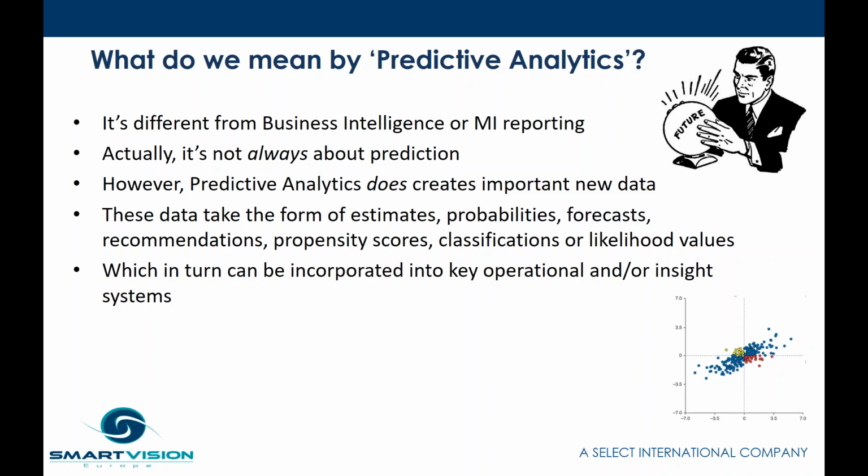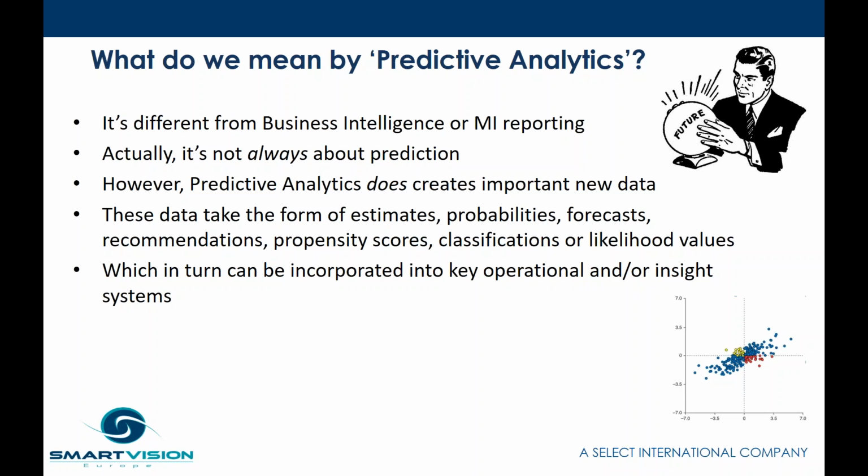But one of the things that makes predictive analytics different from BI or MI is that it does create important new data. So it's always creating something that didn't exist before, a new column of information. And these data take the form of an estimate, a likelihood, a probability, a forecast, a recommendation, a propensity score, a classification, a likelihood value, whatever you want to call it, a categorization.